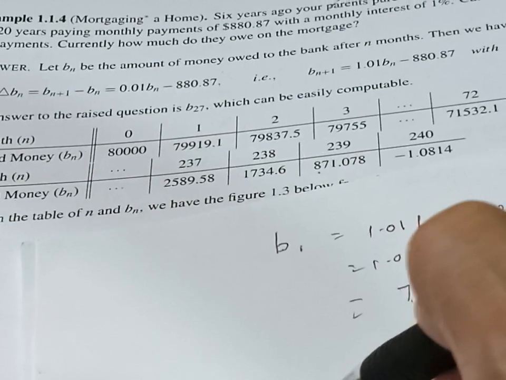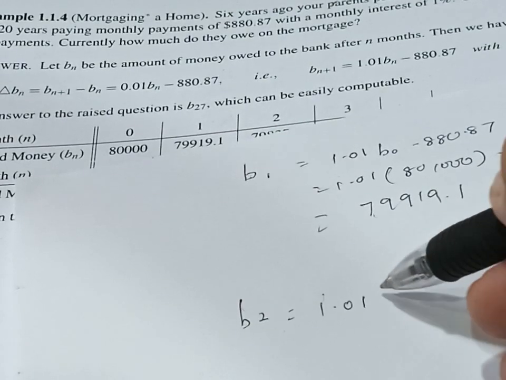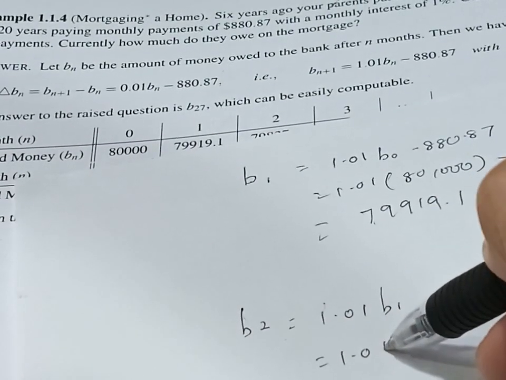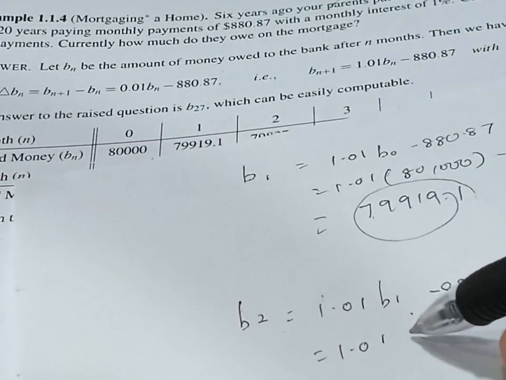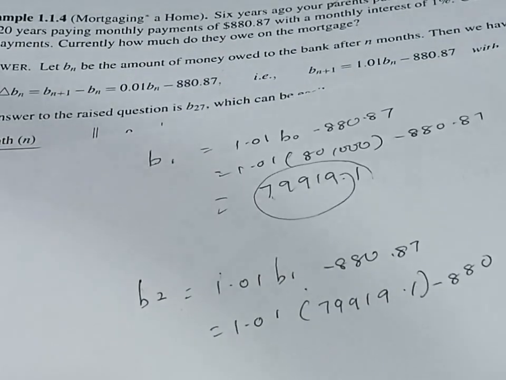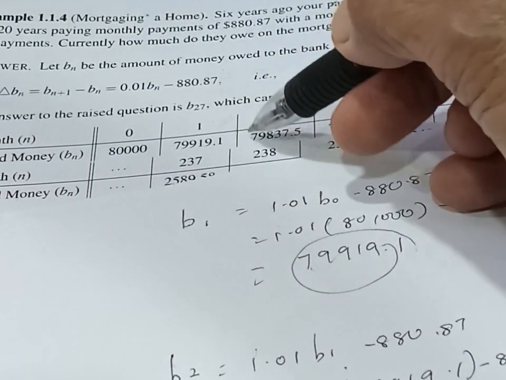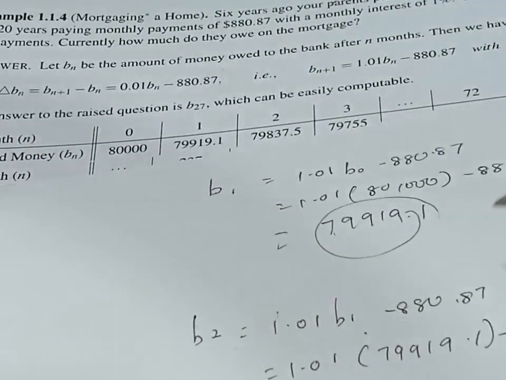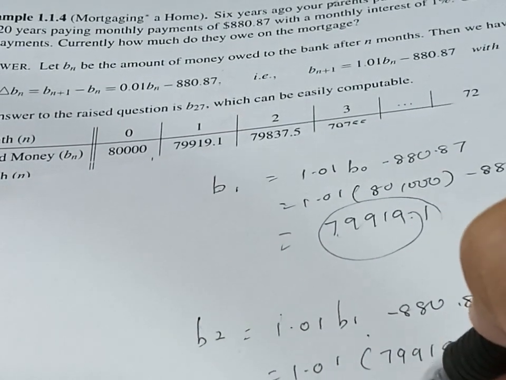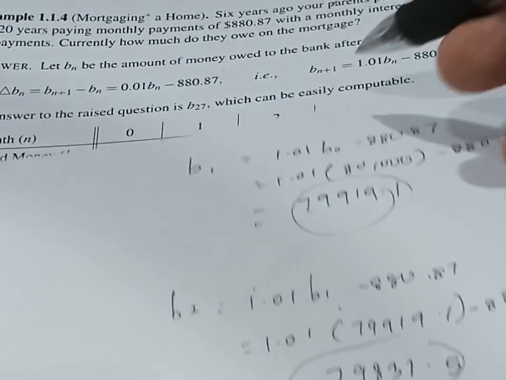Next, B2 becomes 1.01 B1 minus 880.87. B1 is 79,919.1, minus 880.87, so the answer for month 2 is 79,837.5.